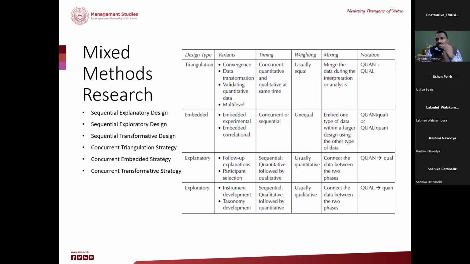When to mix? I'll take an example for this as well, otherwise you will not understand. In the concurrent embedded strategy, you are proceeding with data collection and analysis with regard to mobile payment adoption by having 1,000 participants on board, surveying them. The sample size is 1,000. In the meantime, you need some kind of a confirmation.